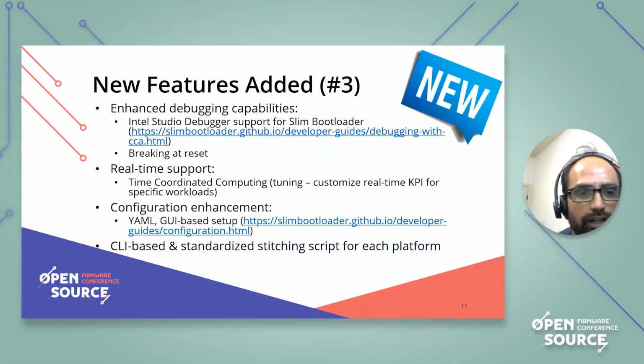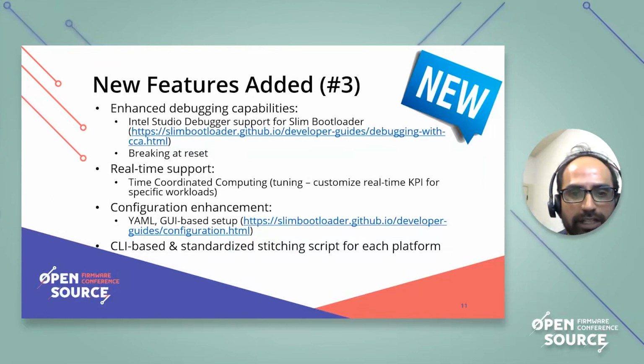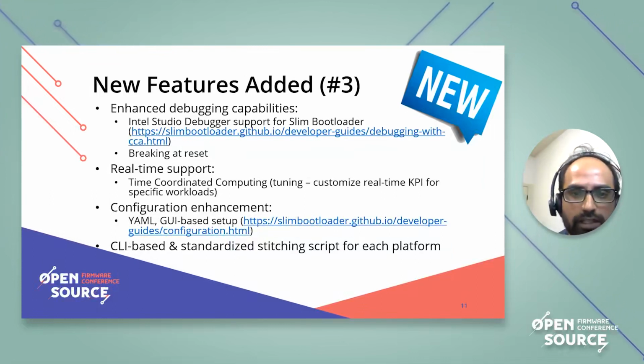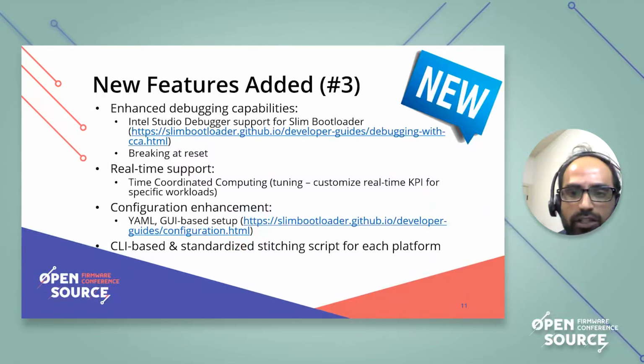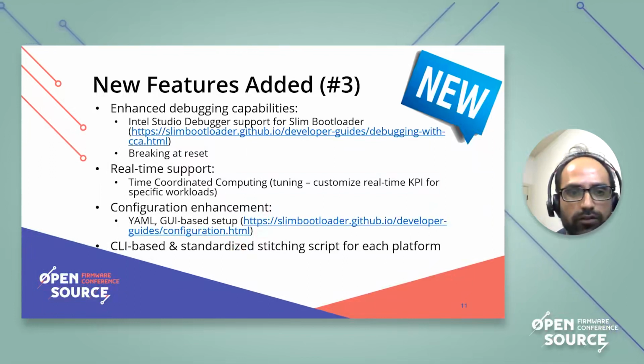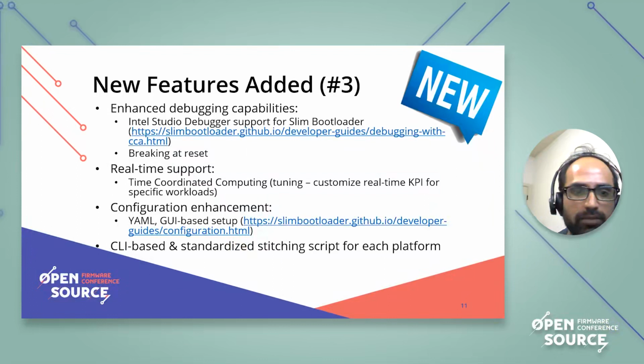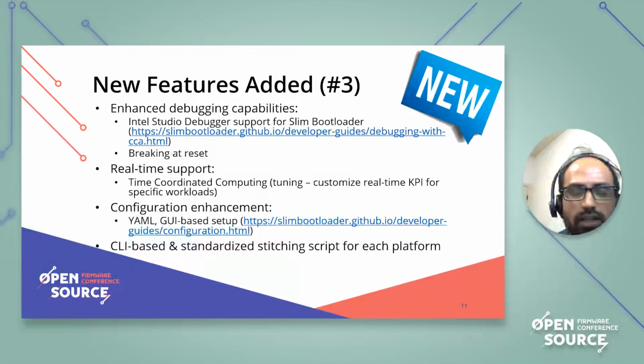Now, real-time support. Time Coordinated Computing, TCC, has been a major feature in Intel chips recently. What this involves is tuning and customization of some real-time KPIs for specific workloads.